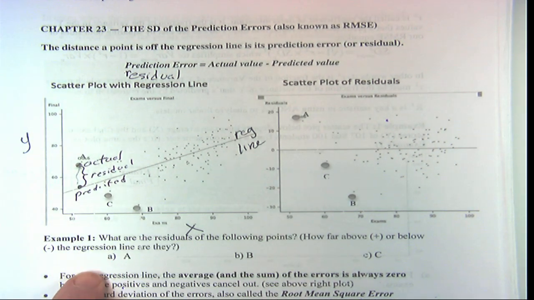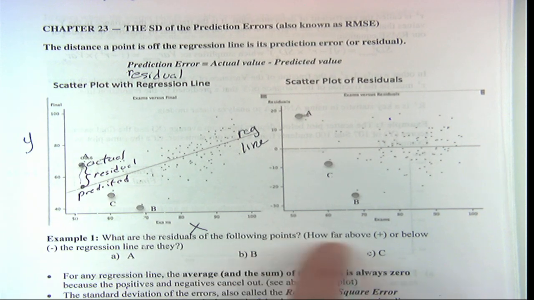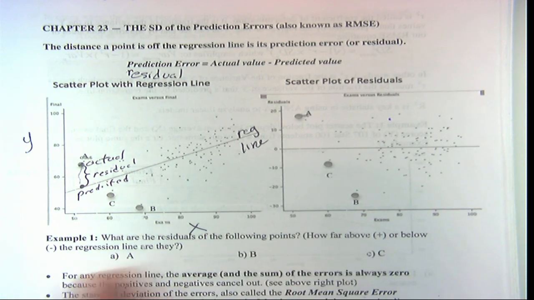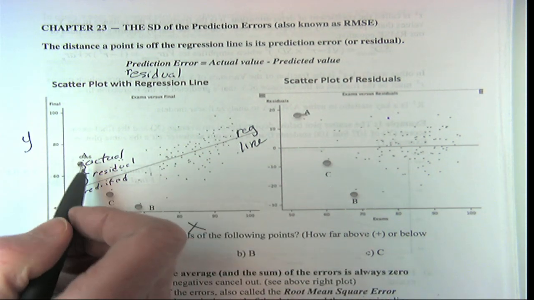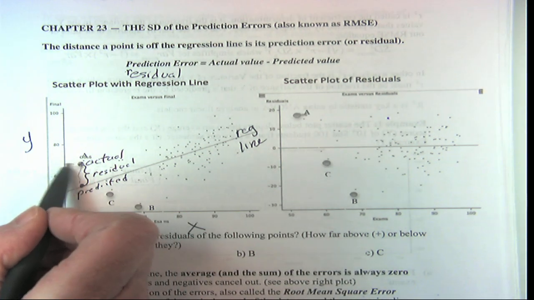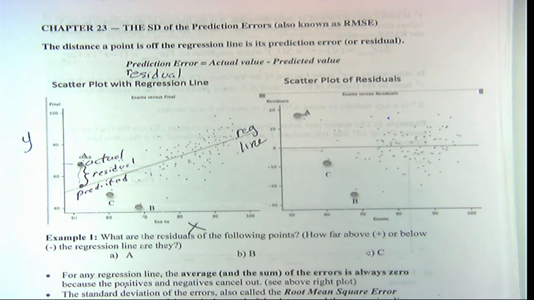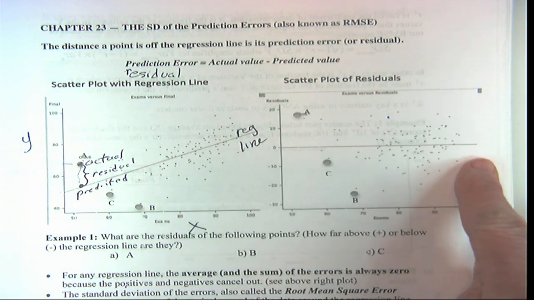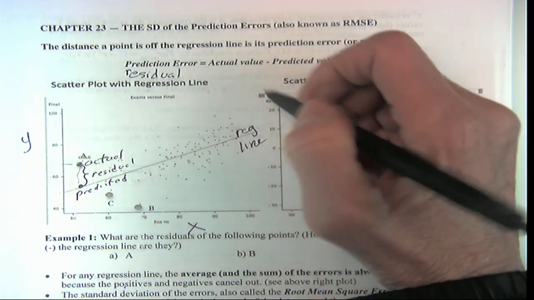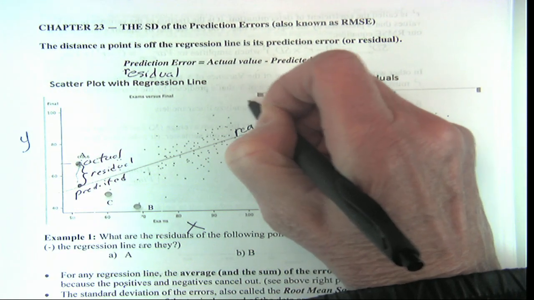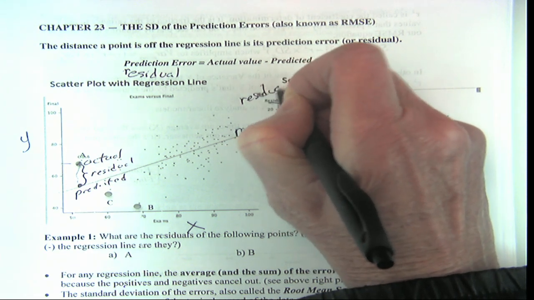All right? So what are the residuals of the following points? How far above or below the regression line are they? It's kind of hard to see here because you'd have to read off this distance versus that distance. So what often is done is you plot x, or sometimes even y, against the residuals, on this axis.